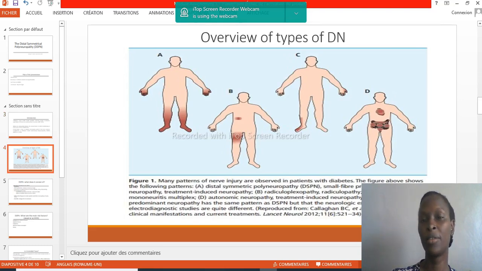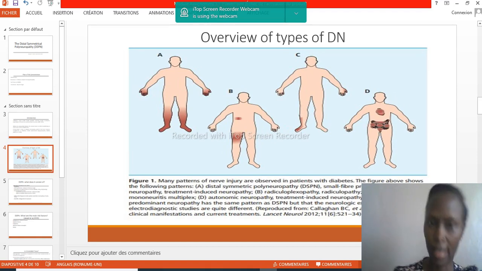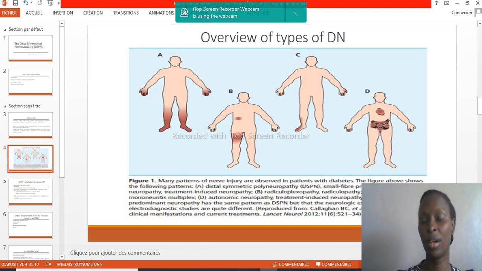This is a figure that shows the main components of diabetic neuropathy. As you can see, this figure shows a typical form of distal symmetric polyneuropathy, this one. What to keep in mind before going on with this presentation is that the diagnosis of diabetic neuropathy is a diagnosis of exclusion.